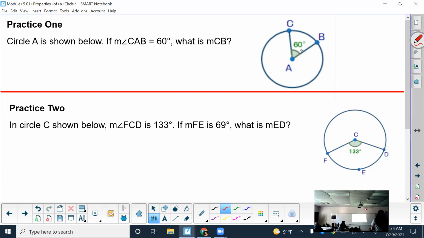Is the 60 degrees right here a central angle? Yes. So one of my postulates can help me figure out what that measure is. What's that measure? 60 degrees. All right, so if it's a central angle, the angle measure will be equivalent to the arc.